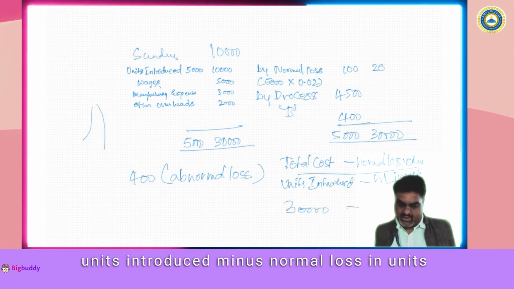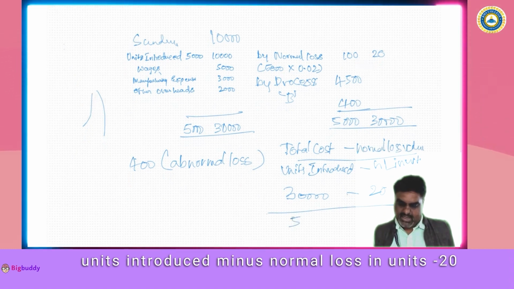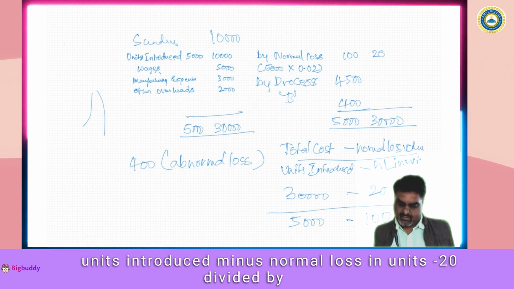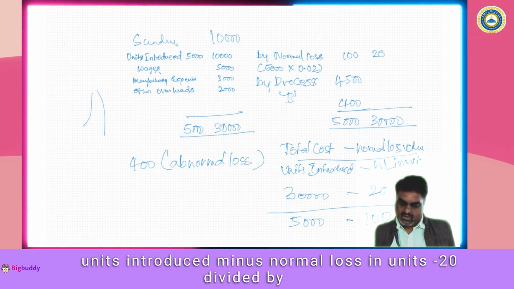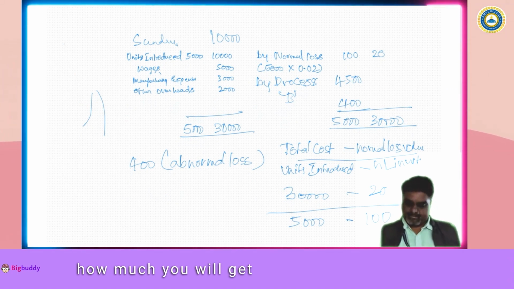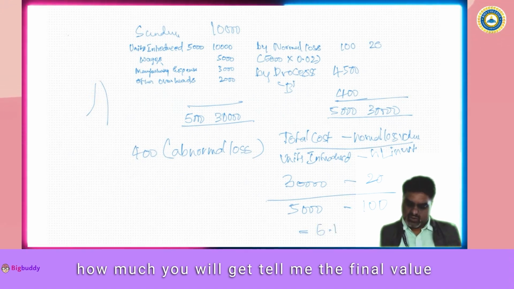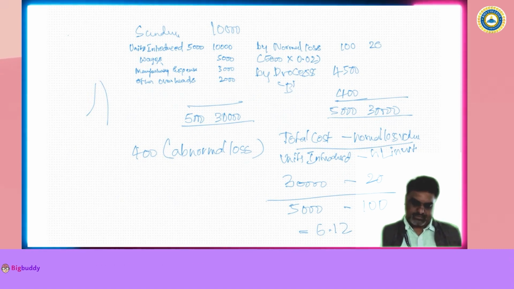So it's 30,000 minus 20 divided by, check how much you will get. Tell me the final value. 6.12.